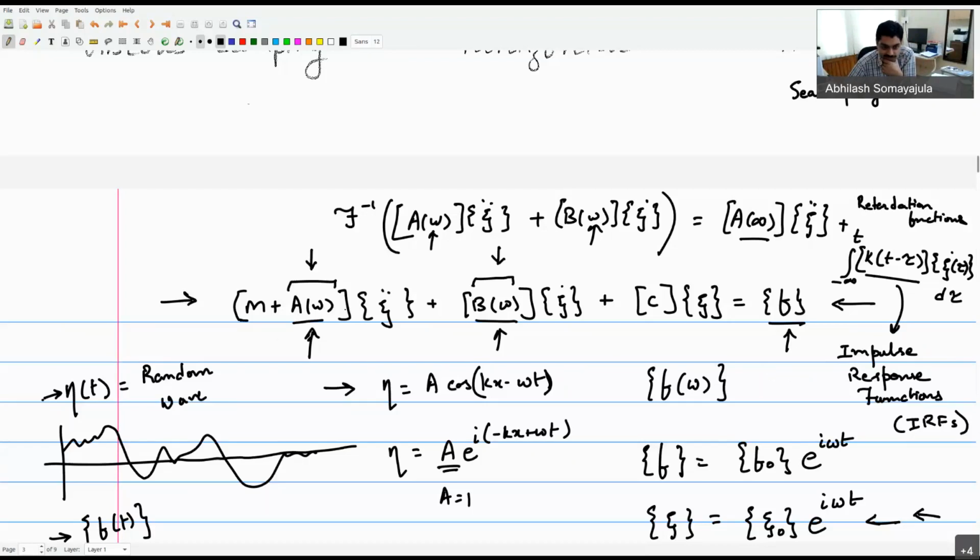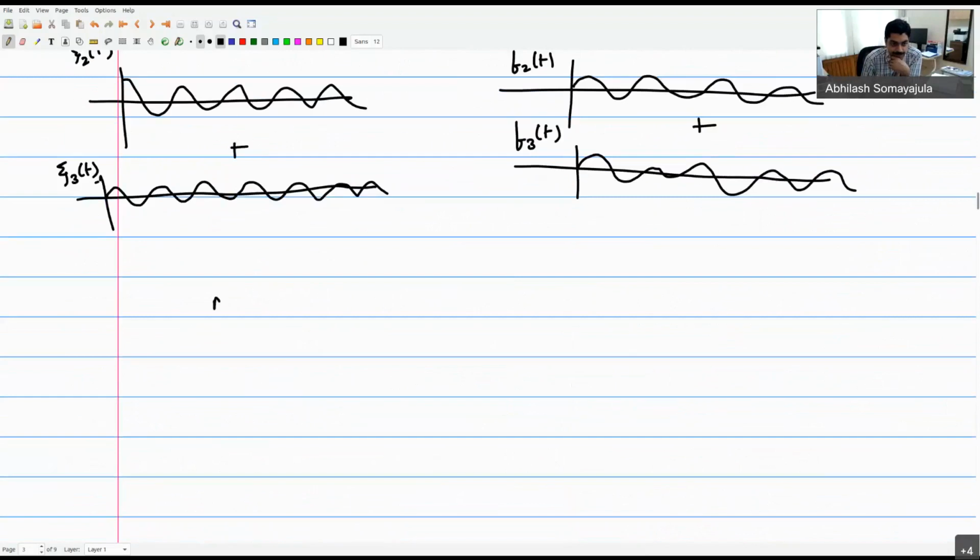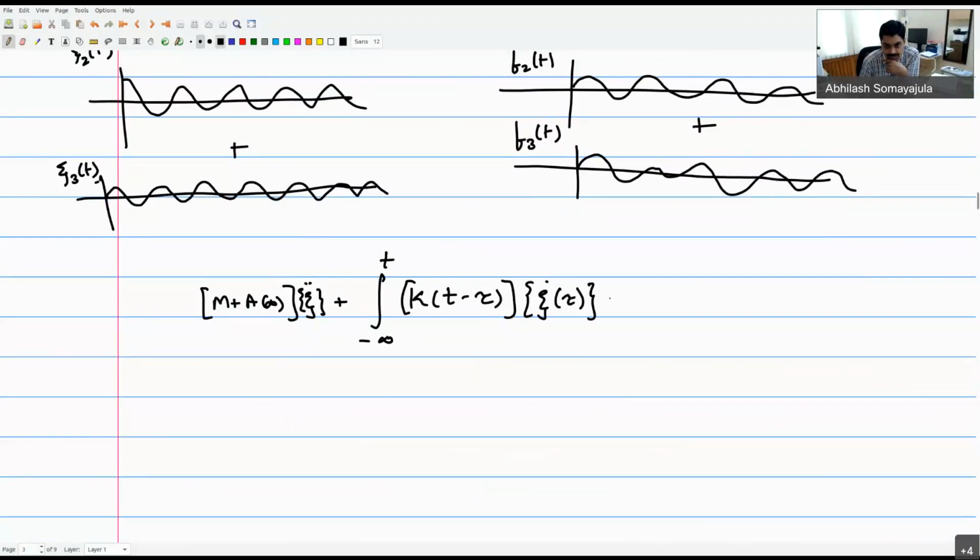Unlike the equation of motion here, which is half dependent on time and half on frequency, the full thing simply becomes M plus A infinity times zeta double dot, plus a convolution integral of this K matrix times zeta dot at time tau d tau, plus the rest of the terms remain the same: C times zeta is equal to f of t.